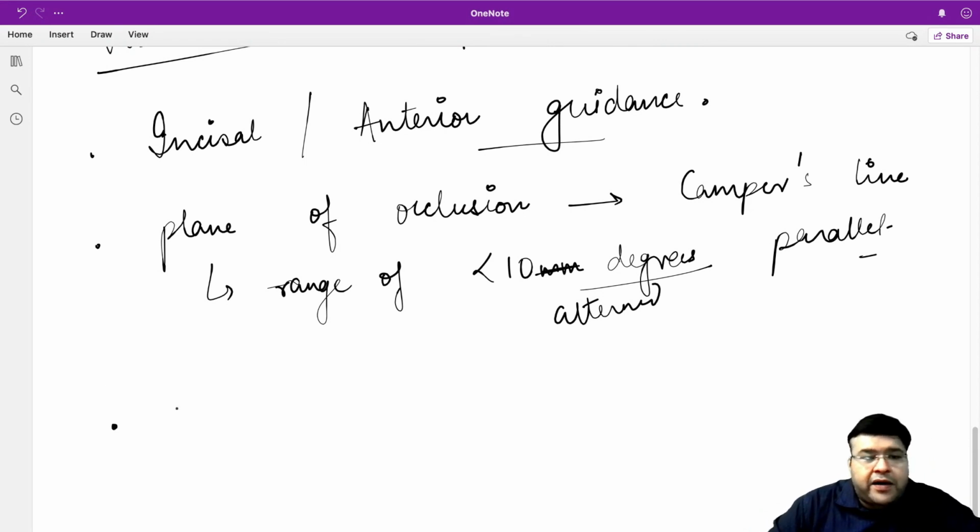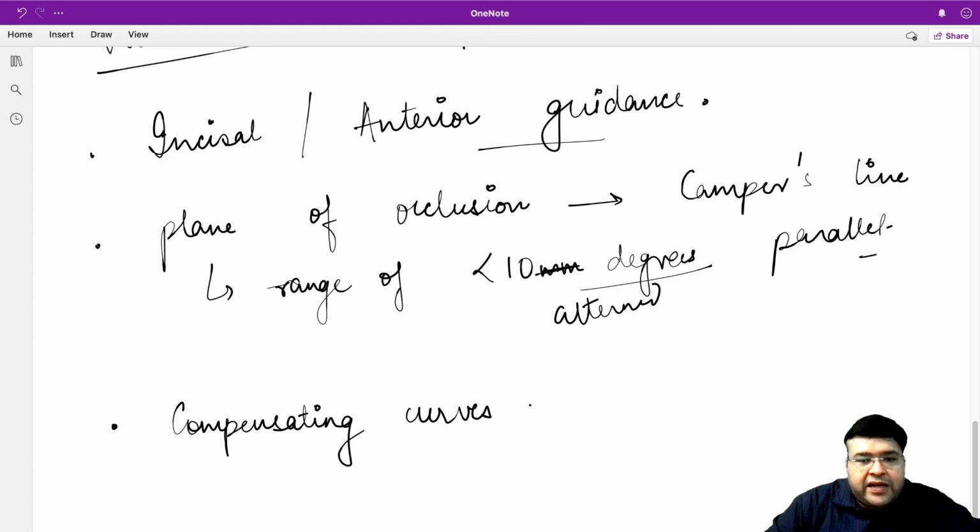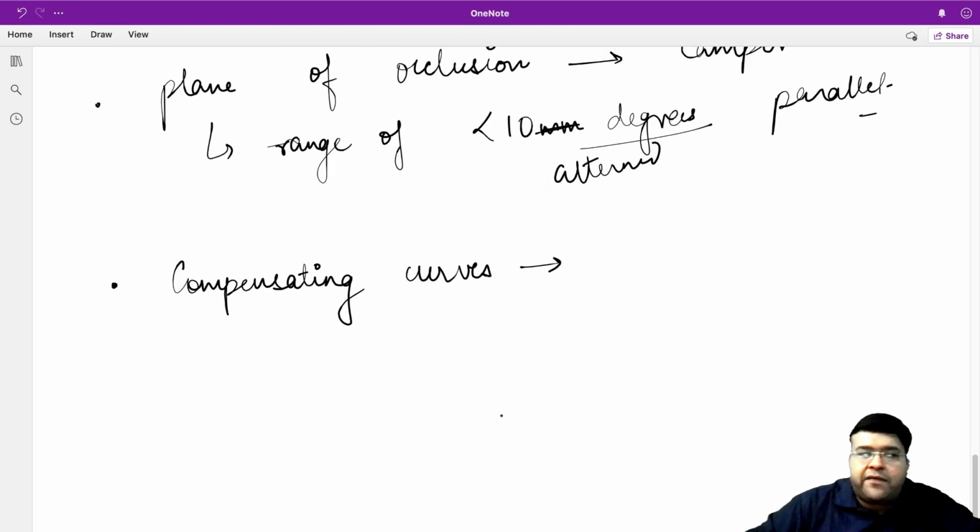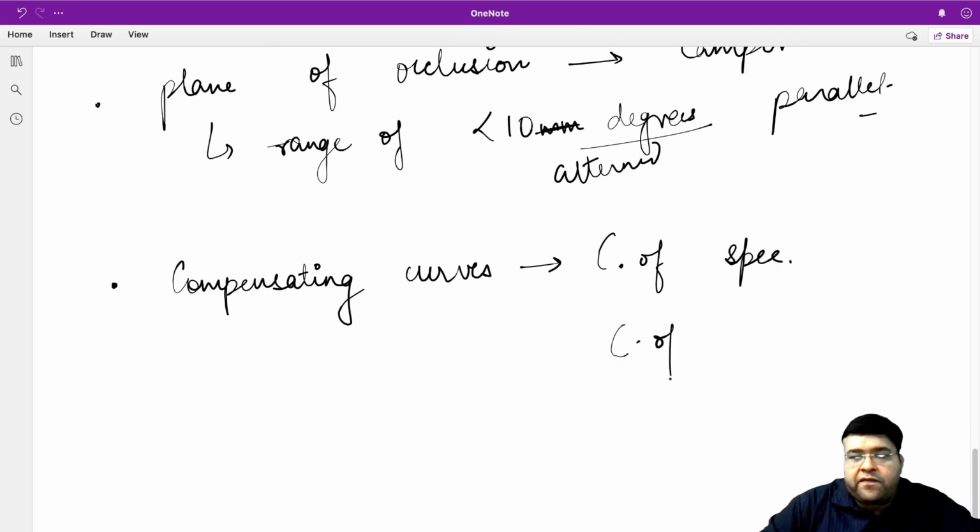The third part is your compensating curves. So when you talk about compensating curves, we have your curve of Spee, you have the curve of Wilson.